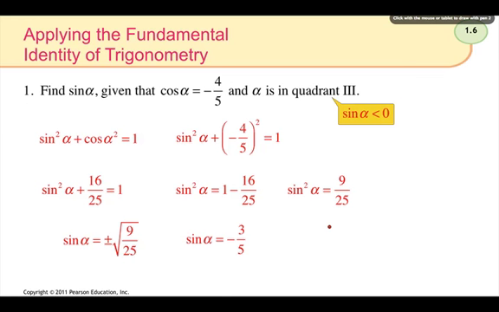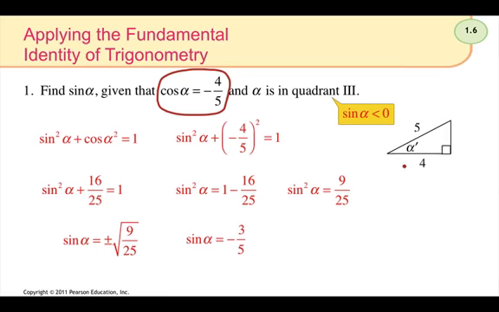There's another way I can do this problem. I'm going to consider the given information and use the idea of reference angle. I'm not going to use alpha, I'm going to use the reference angle to alpha, and I draw this right triangle. Notice that the adjacent side to the reference angle is 4 and the hypotenuse is 5.